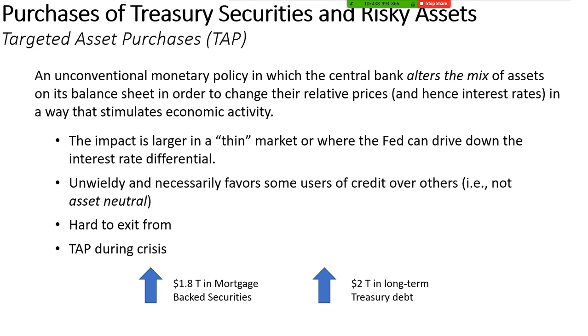So the drawbacks of targeted asset purchases: one is that they're unwieldy, in the sense that it's a fairly new tool, and we don't fully know the effects of it yet. And the second thing is that it favors some users of credit over others. So targeted asset purchases deviate from what's called asset neutrality. It's not neutral in the asset that is being purchased.